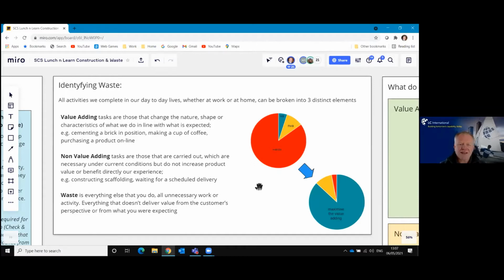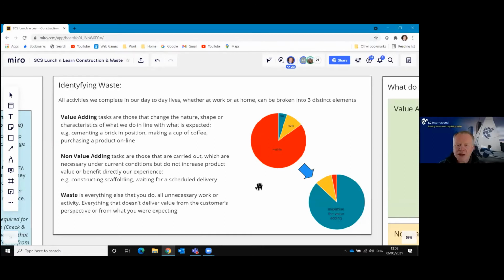And you'll see waste in everything that you do, whether it be at work or as you go about your normal life. And I like to use an example here around a hotel. We've all stopped in hotels over the years. What's it like to book in to that hotel? What's it like to check in on the day that you arrive at that hotel?